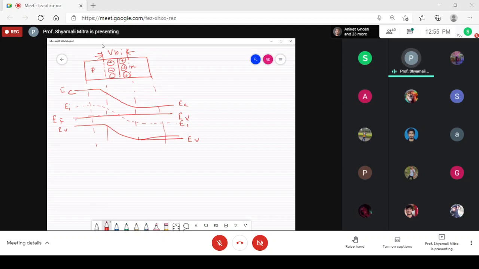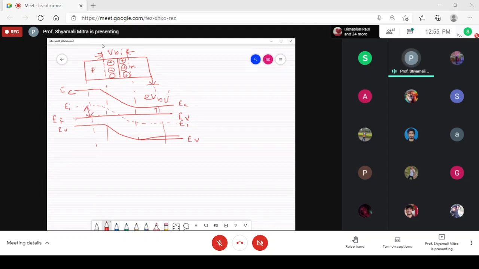This shift accounts for it. So this is typically the VBI, or if written in terms of energy levels, then E times VBI or q times VBI. So we can calculate this VBI.